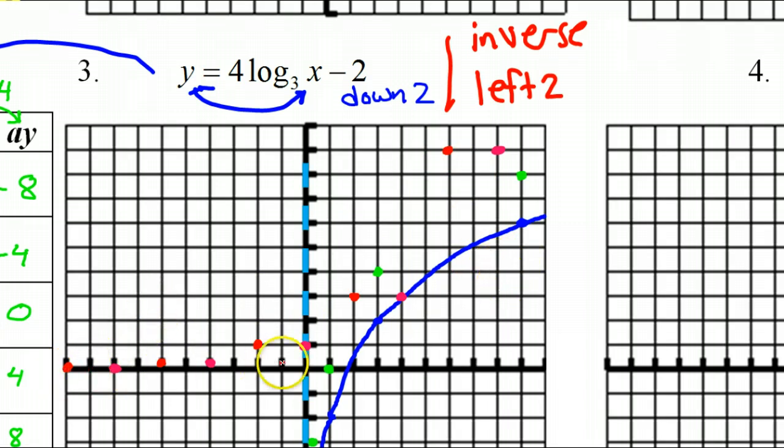Of course, don't forget that we have an asymptote here. Let's go ahead and draw that. Now we'll draw our curve using the red dots, not the pink ones. It will be very much like this.